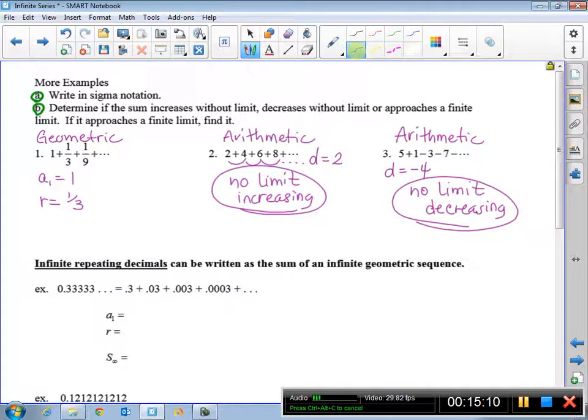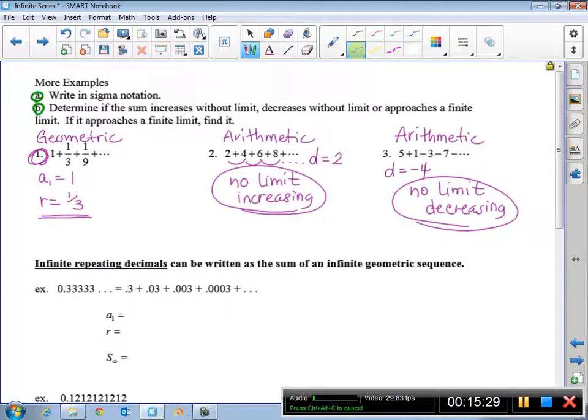All right, so back to this first one, I'm reading off my page. It's geometric, the R value is less than 1, so we know it would be a series that is decreasing.